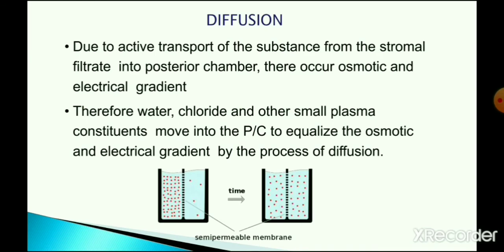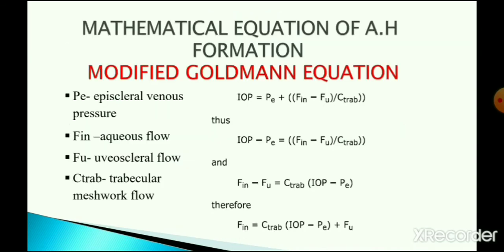Therefore, water, chloride, and other small plasma constituents move into the posterior chamber to equalize the osmotic and the electrochemical gradient by the process of diffusion. This is the modified equation for aqueous humor formation.